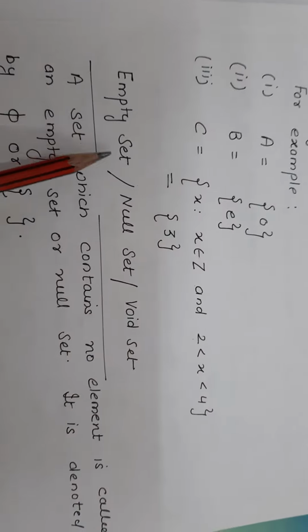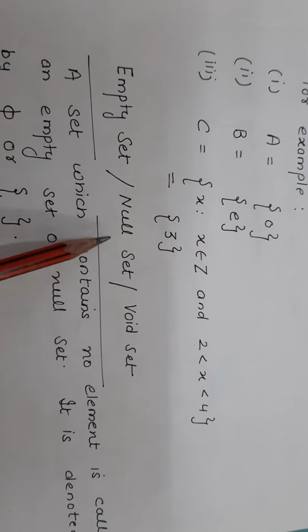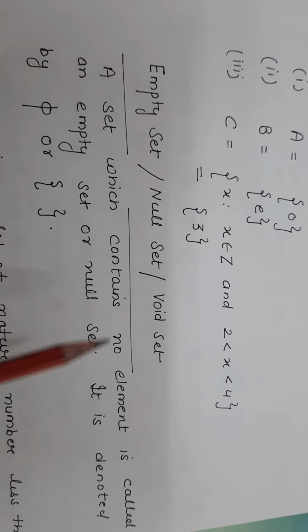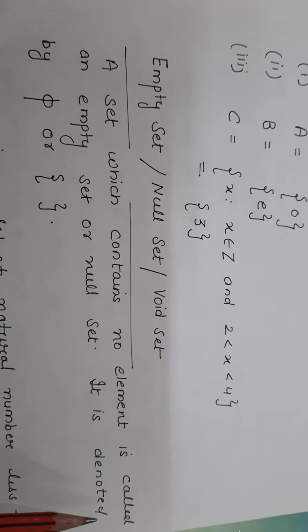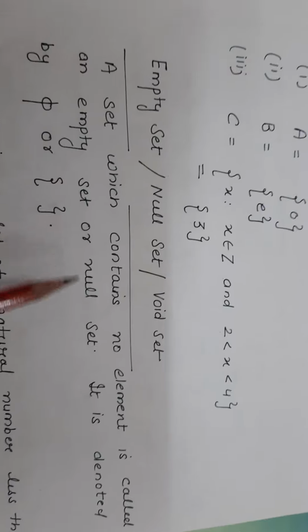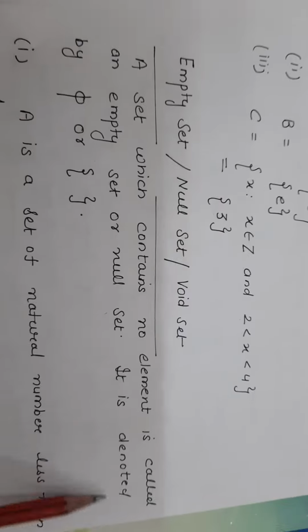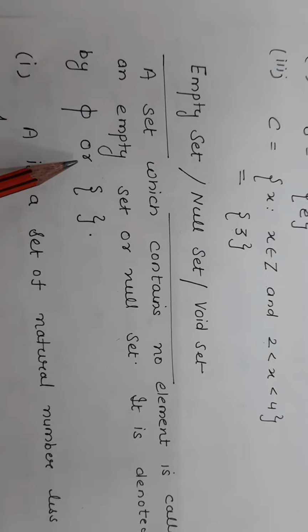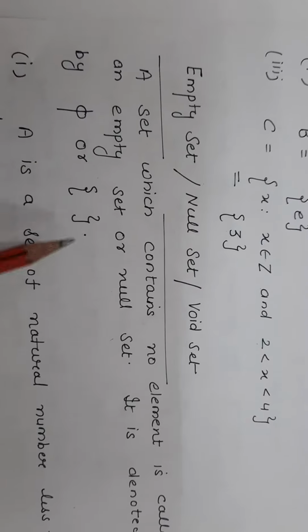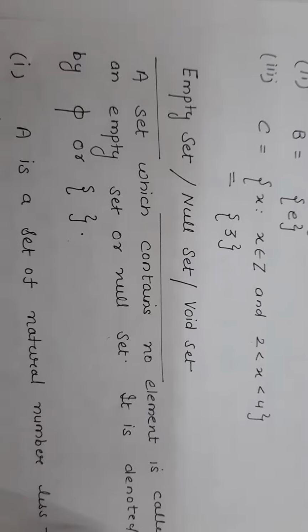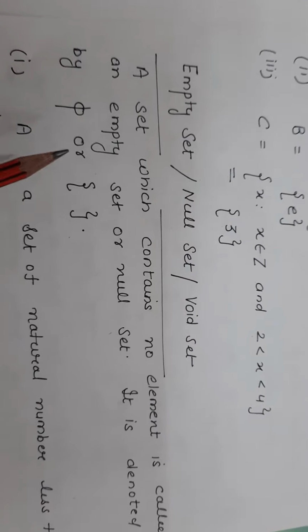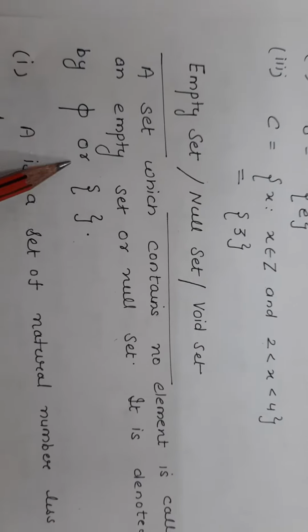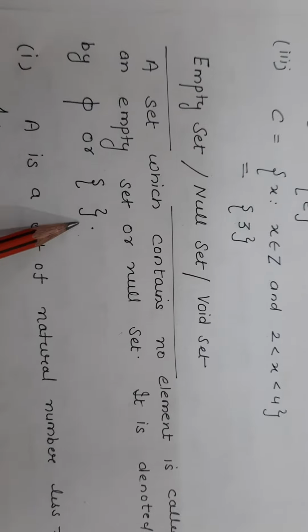Next is the empty set. You can also call it a null set or void set. A set which contains no element is called an empty set or null set. It is denoted by these two symbols, either this phi or empty brackets. I am again repeating, you can denote the null set or empty set by this phi or these brackets, right?